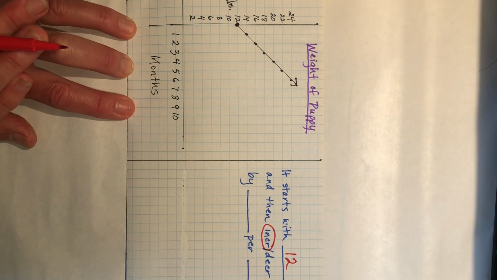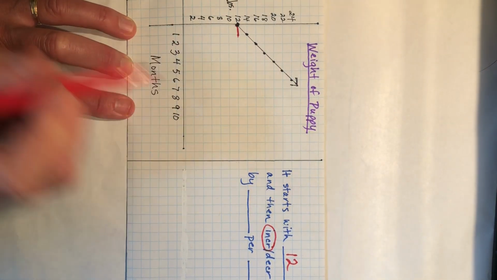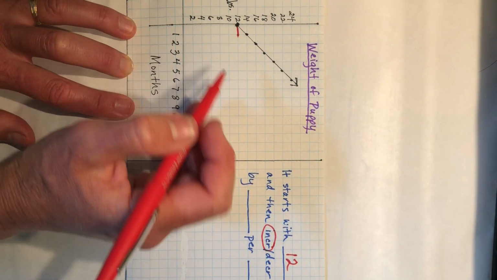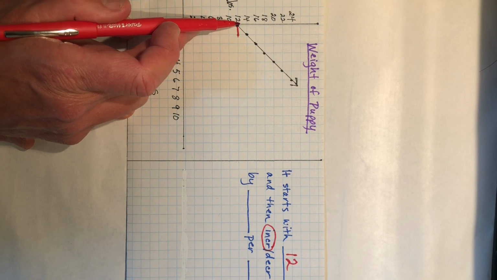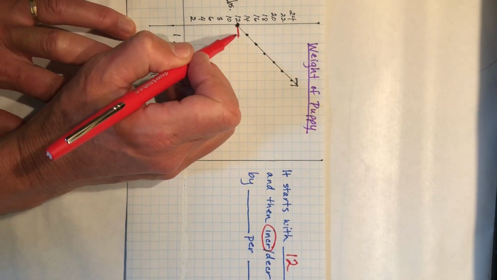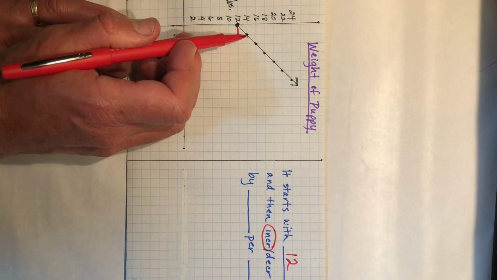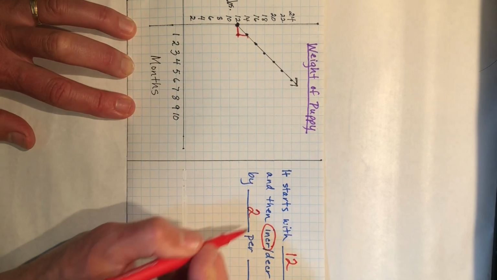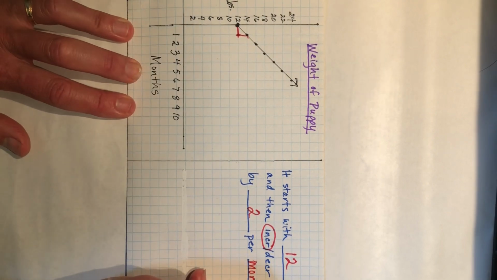By what per what? For every month that we go over, after 1 month, it jumped from 12 to 14. So it went over 1 and up 2. So it's increasing by 2 pounds per month.